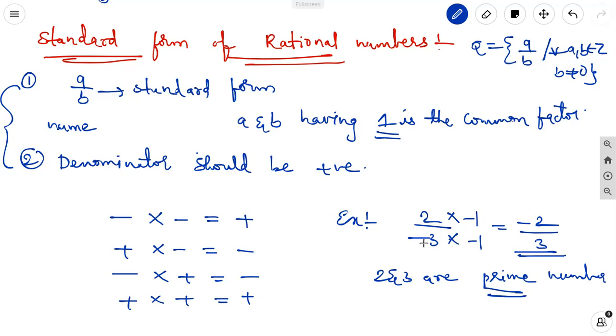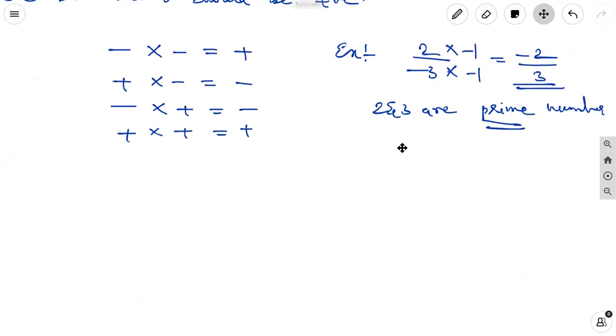For example, we are discussing some problems. Which of the following are in standard form? Same exercise 1A.